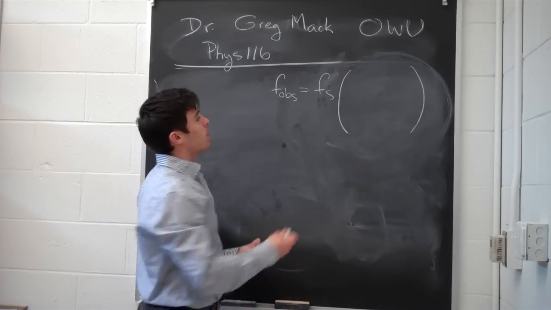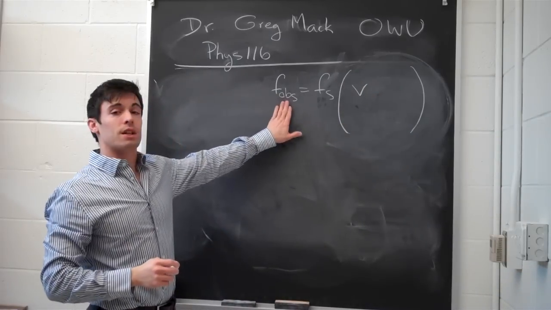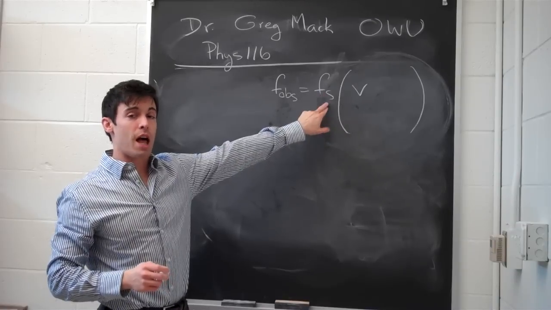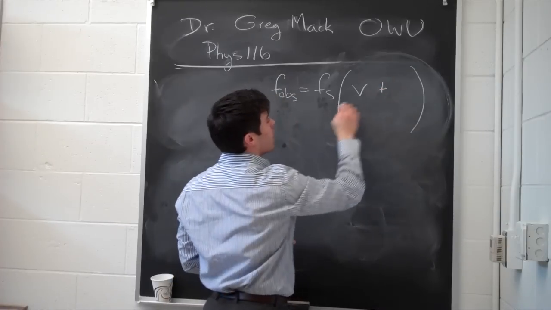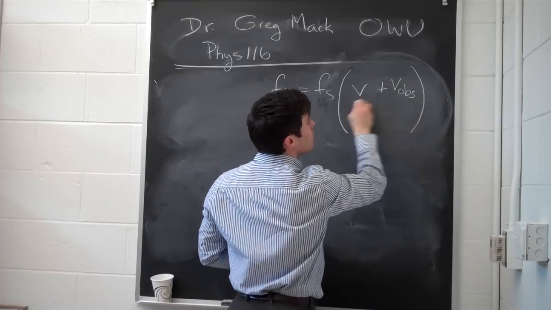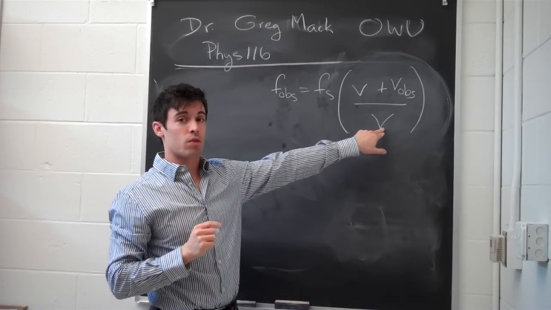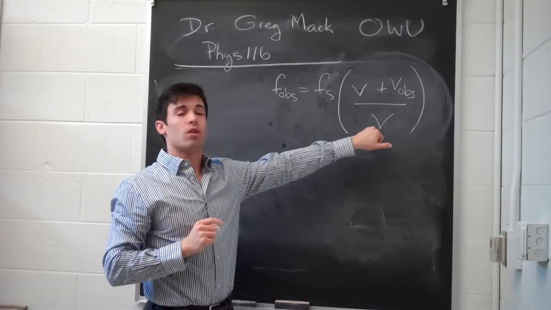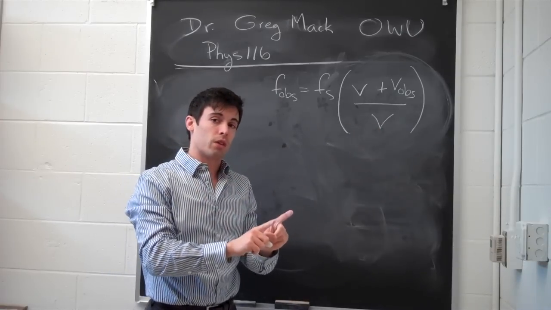And so what ends up happening is that you have the frequency that's observed, f_o, is equal to the frequency that's been emitted by the source, where a small s stands for source and o is for observed. They're related by the speed of sound, which is this v right here, speed of sound plus the speed of the observer, divided by the speed of sound, assuming that the observer is moving and not that the source is moving.